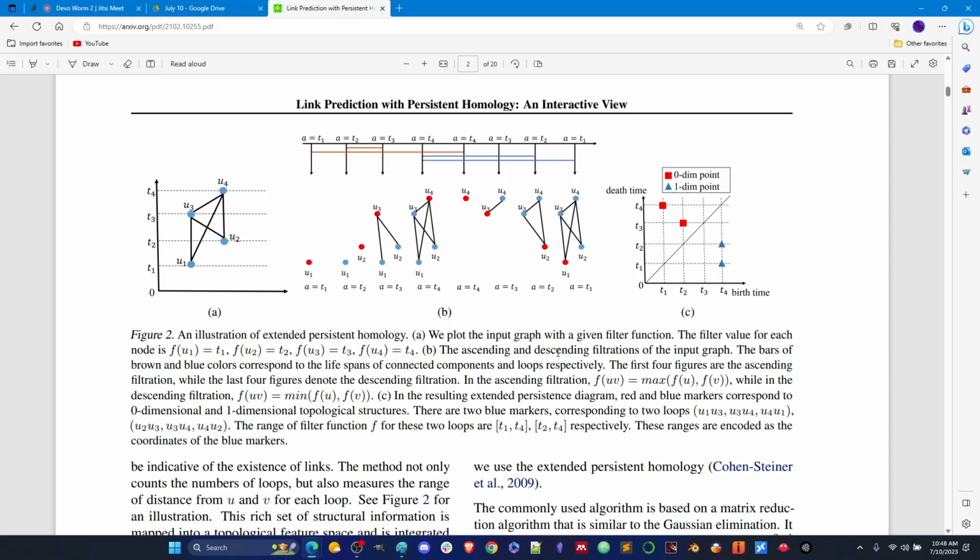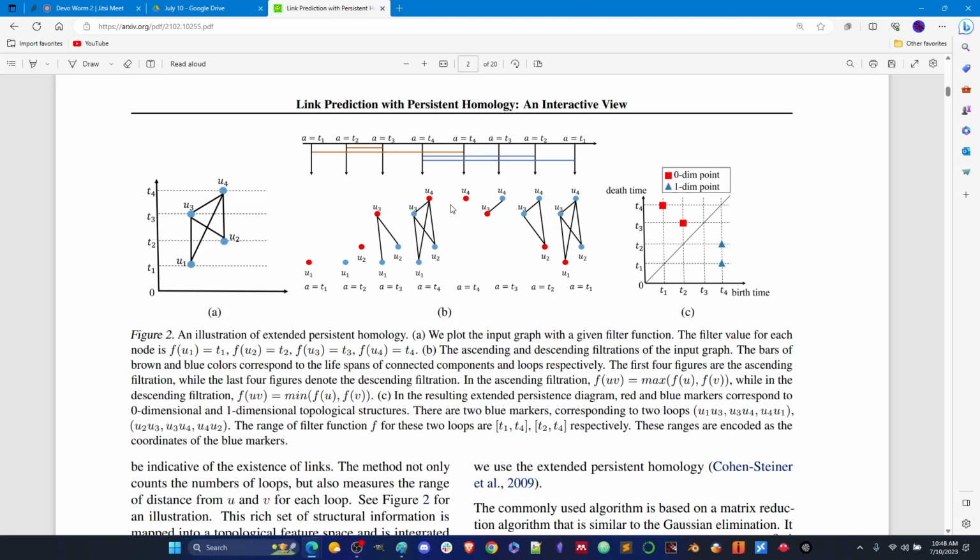So the bars in the brown and blue colors correspond to the lifespans of connected components and loops respectively. So there's a lifespan, so things die off, things come back to life as you try to do this reversible process. These connected components are all the components that are connected in a graph.